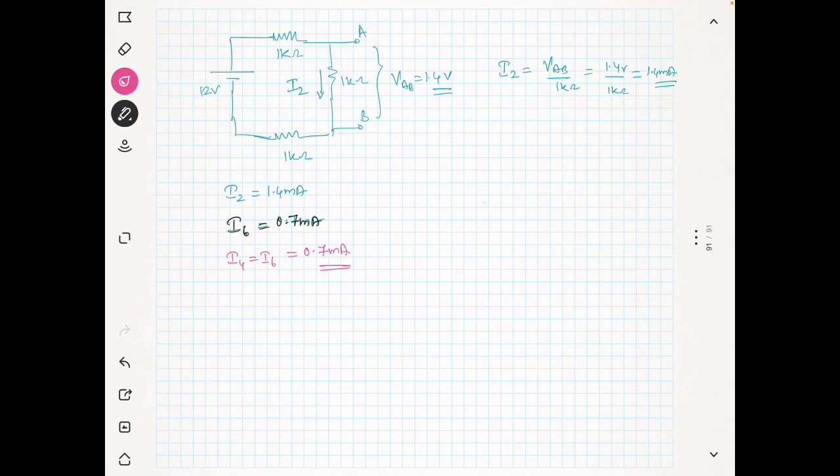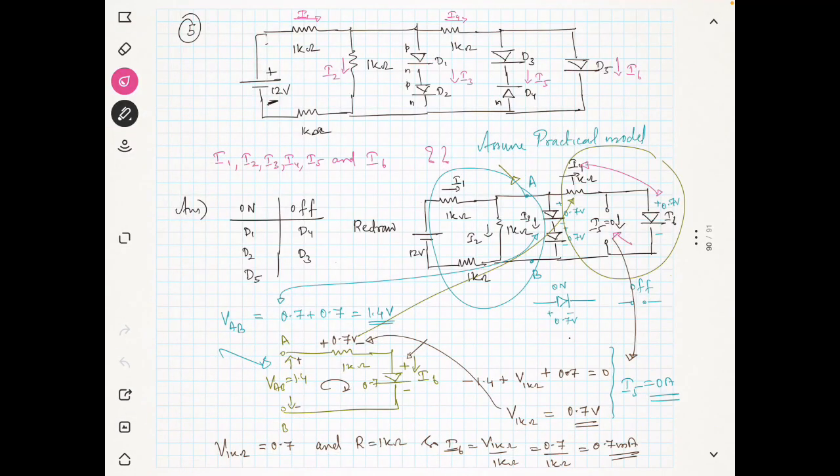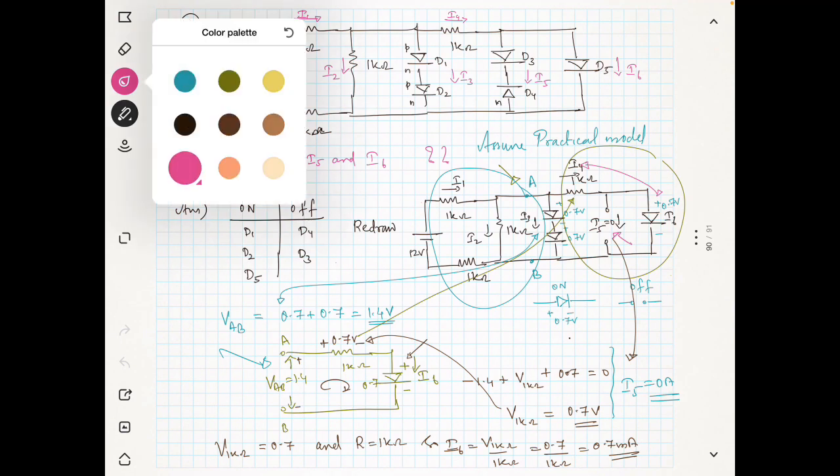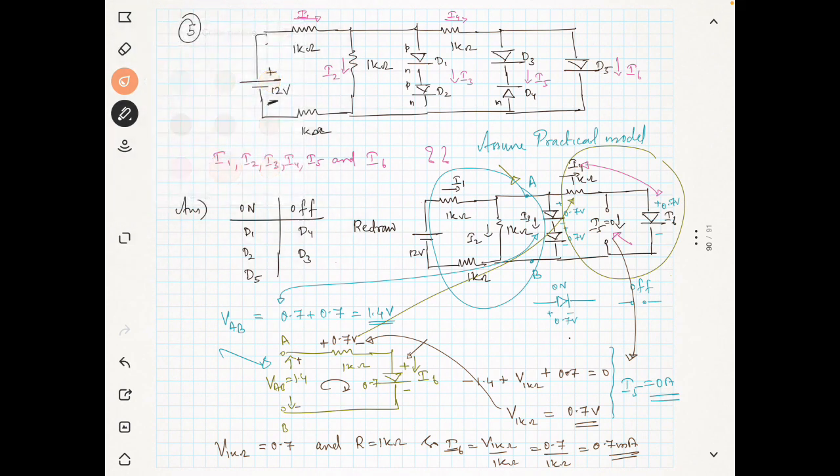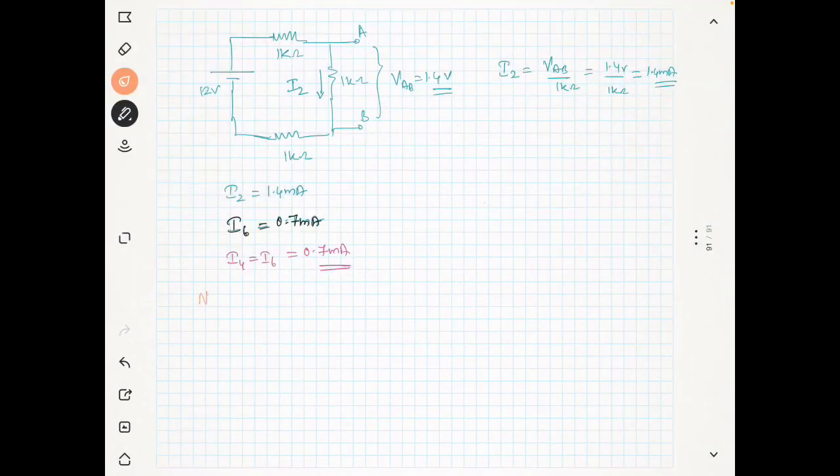Now we will see another part. I will take this node, and I will use a different color. This is node A, you can say. So for node A, you can see here that there is some current, I2, which is going here, and you know that this I2 is 1.4 milliampere.